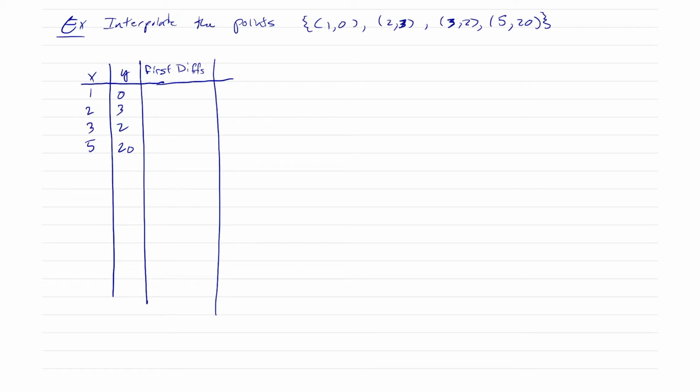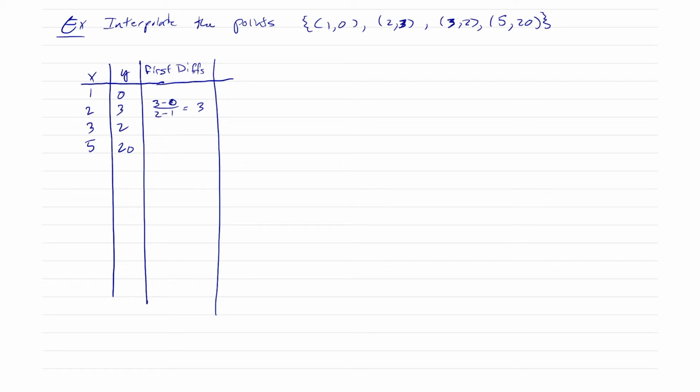And so for this one, I'm going to take 3 minus 0 and divide by 2 minus 1. And so that's going to be 3, right?